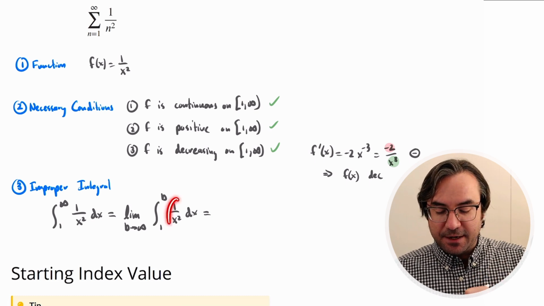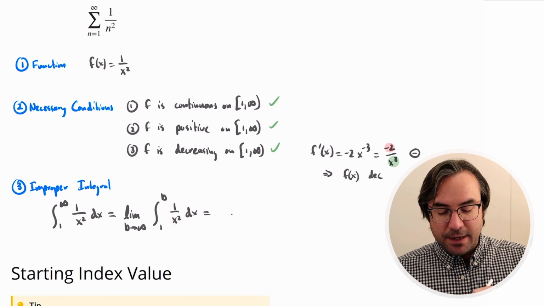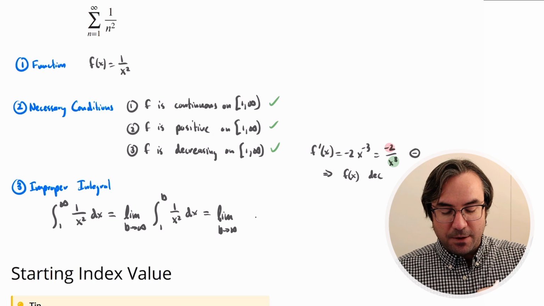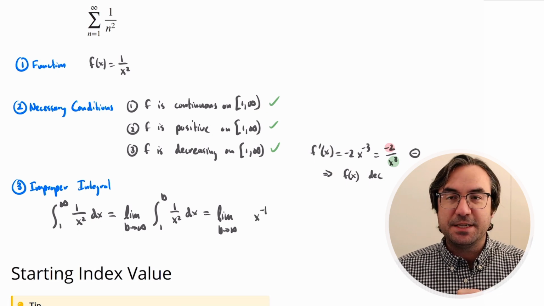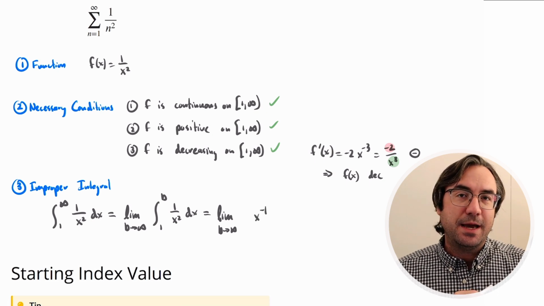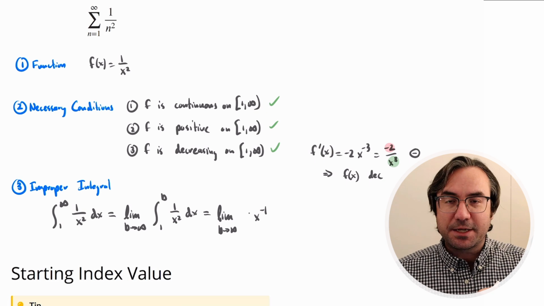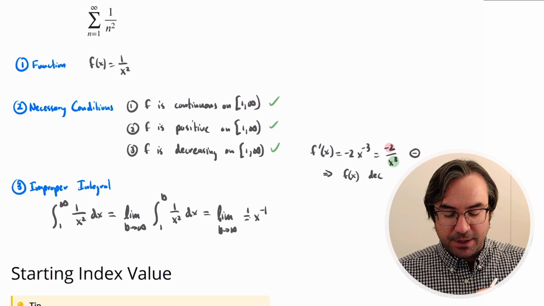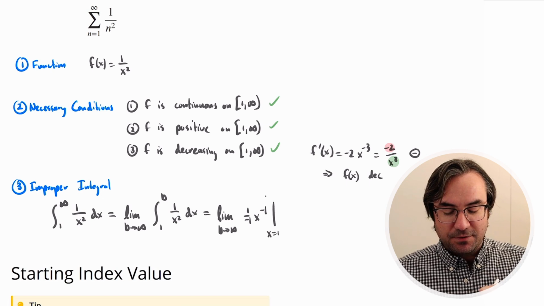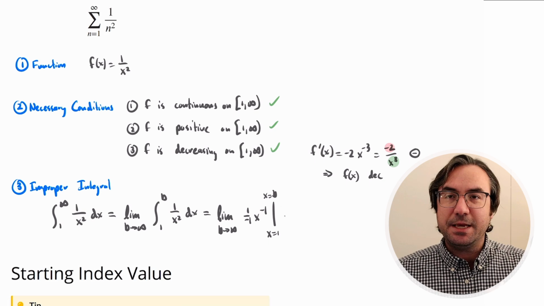And again, if we use negative exponents, we add 1. So it's x raised to the negative 2. So add 1 to the exponent gives us x raised to the negative 1. Take that new exponent, flip it, put it in front. So we get 1 over negative 1 in front. And then we're going to evaluate this from x equals 1 to x equals b.